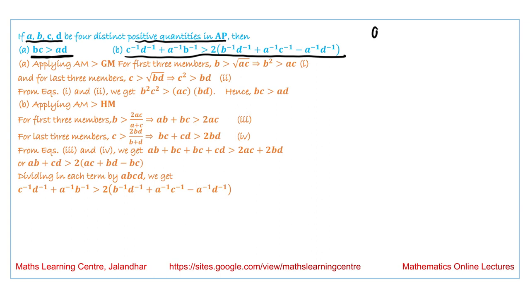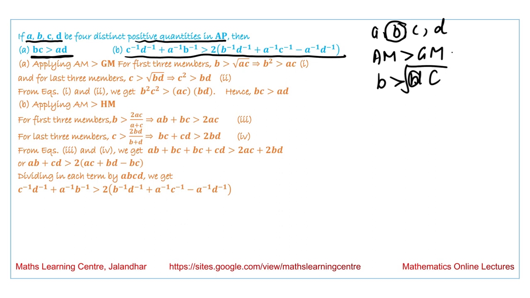So we are saying a, b, c, d are in AP, and we know that the arithmetic mean is greater than the geometric mean. Now the arithmetic mean, b, is greater than the geometric mean, square root of ac. So this implies that b square is greater than ac.